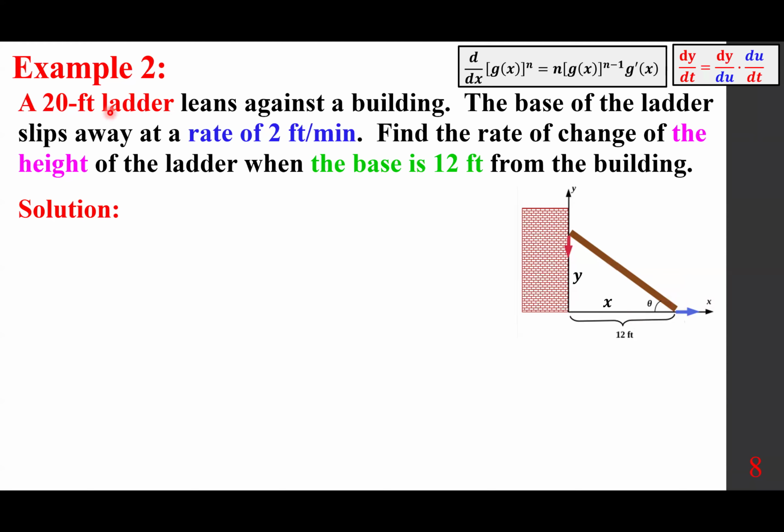The ladder has a length of 20 feet, which is fixed. So we say c equals 20 feet. As the base of the ladder slips away, going this way, it creates a speed of dx/dt, because we called it x. dx/dt equals 2 feet per minute.